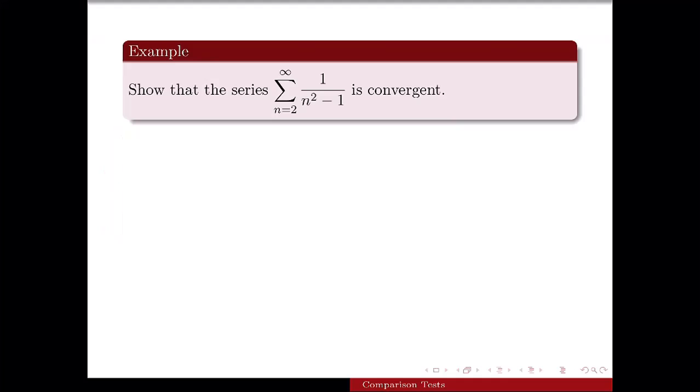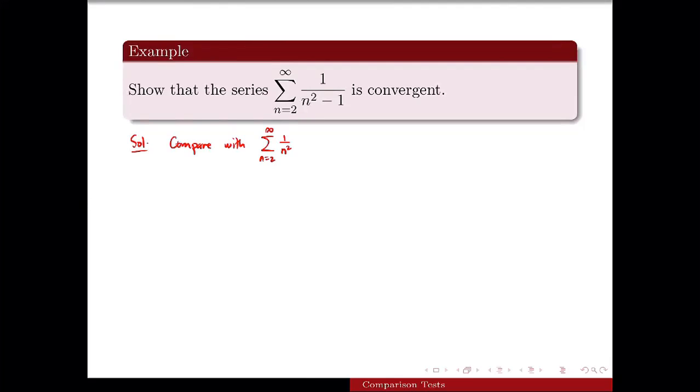So we want to show that this series here is convergent, the series 1 over n squared minus 1, starting from 2 to plus infinity. So solution, compare with the series 1 over n squared. You can start from 2 here.